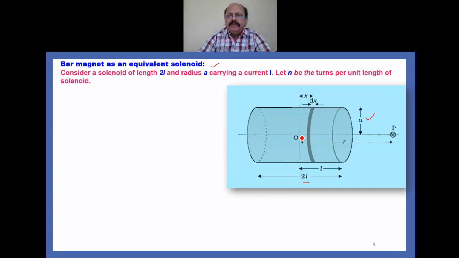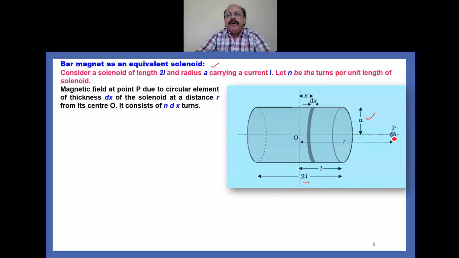And then this magnetic field we compare with the magnetic field of a bar magnet at a point on its axial line. If both the fields are the same, then we can say that the bar magnet is an equivalent solenoid. So let us see. We have to calculate.